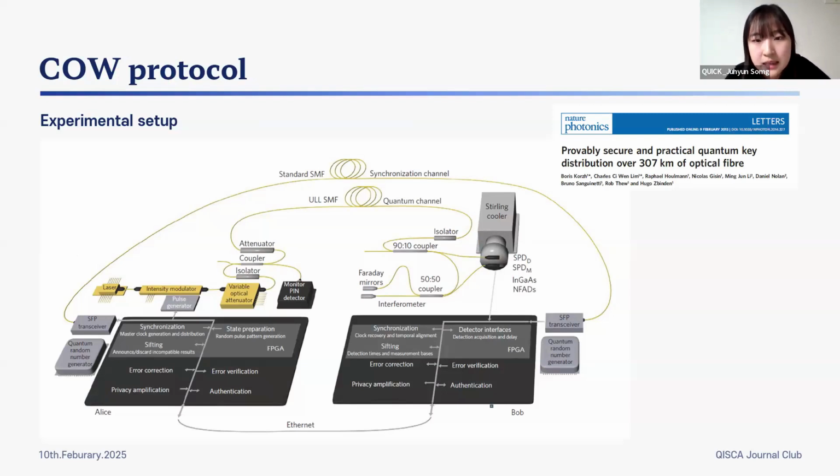The improvement demonstrated in this setup is a sharpened finite key security analysis, which optimizes performance even for small block sizes. Most importantly, this experiment proves that long-distance practical QKD is feasible, even with standard telecom components.